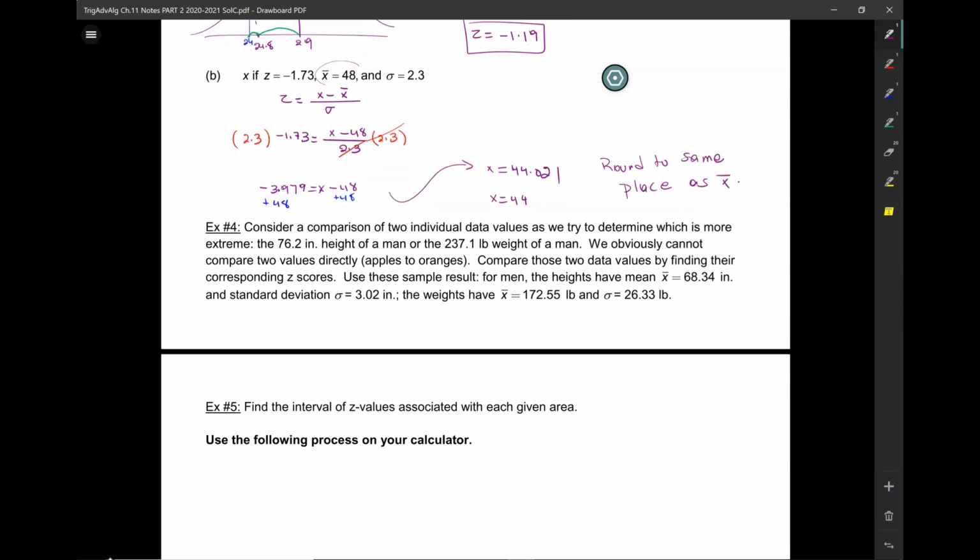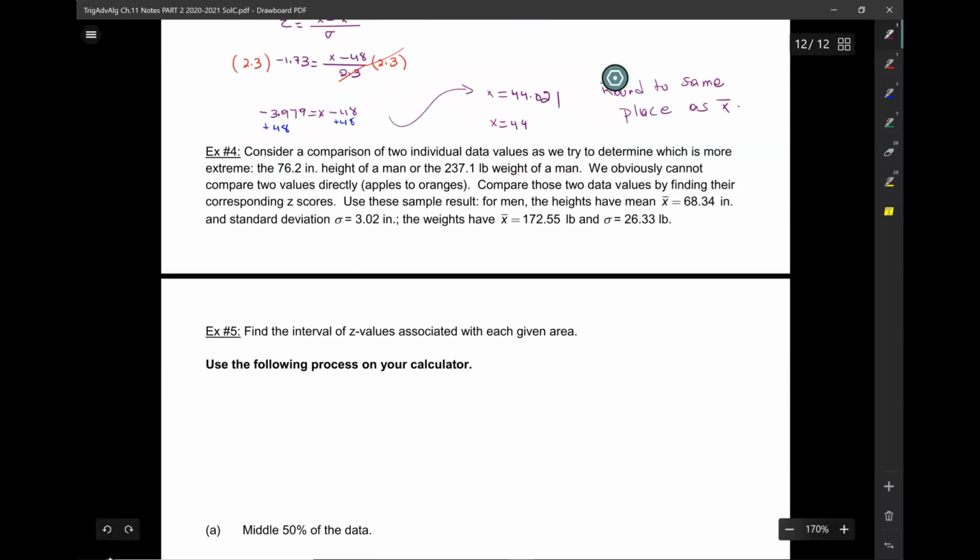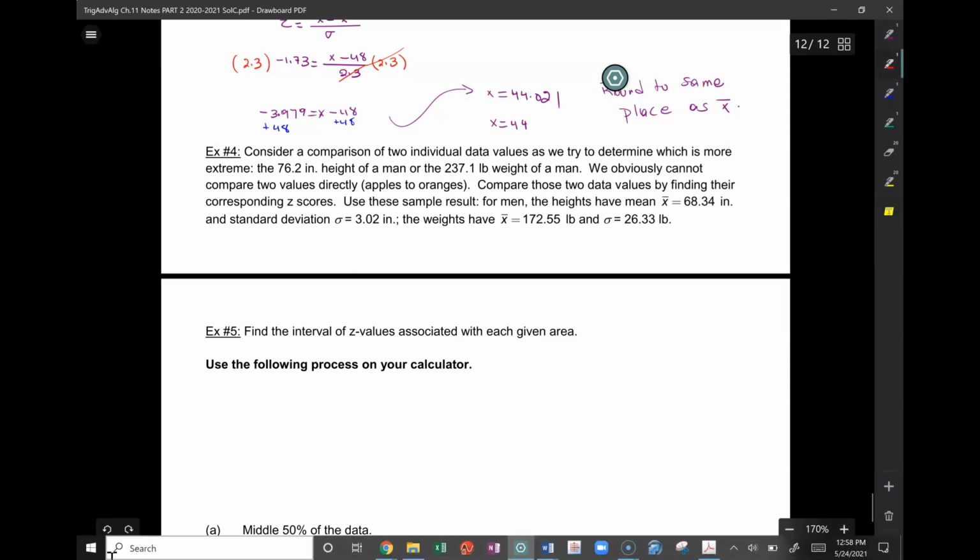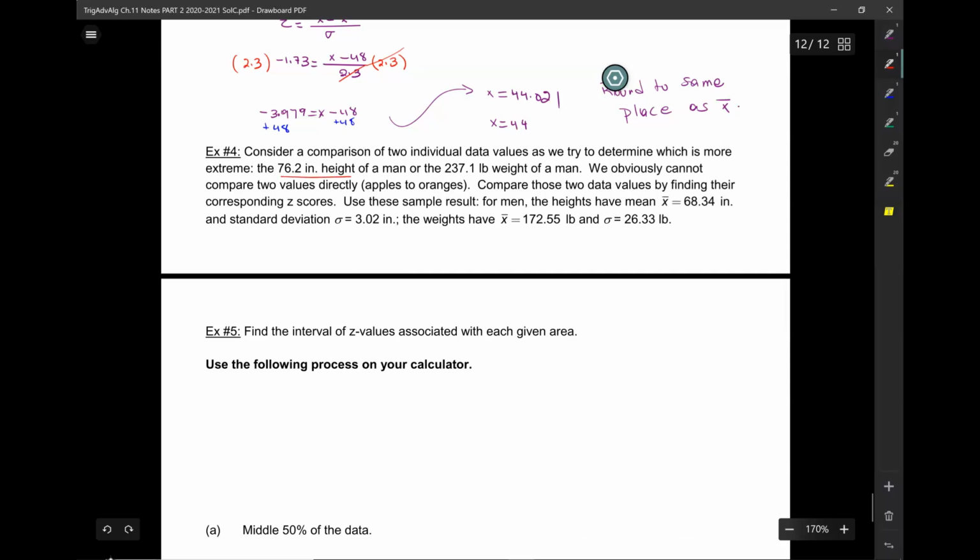Okay, example 4. For some reason the space went away, so I'm just going to have to fit it in that tiny little space. Consider a comparison of two individual data values as we try to determine which is more extreme. On the one hand, you've got a person's height of 72 inches, and on the other hand, the person's weight of 237.1 pounds.